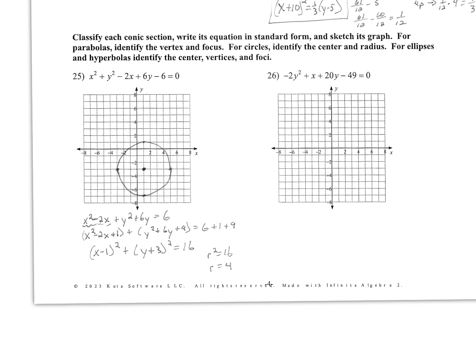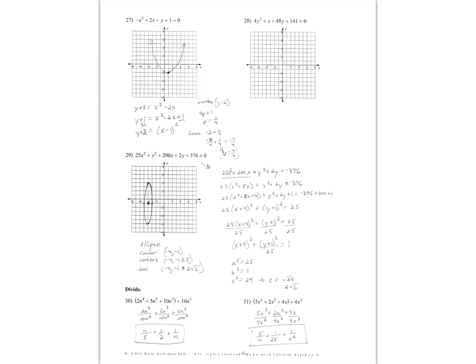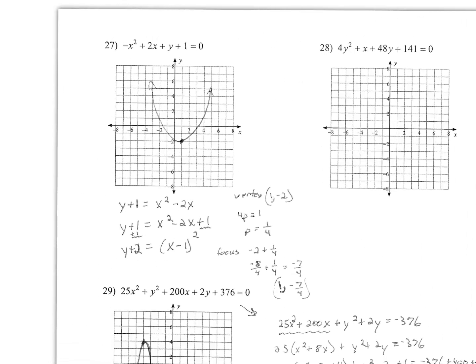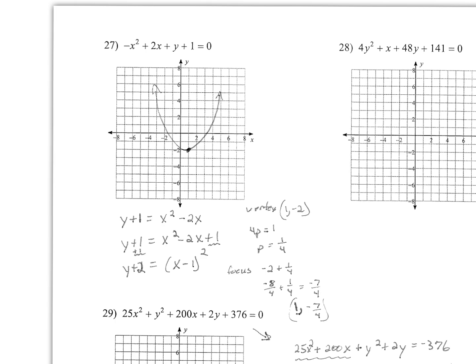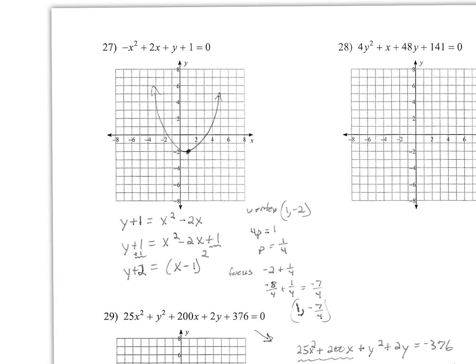All right, now let's take a look at number 27. So number 27, we have a negative x squared plus 2x, and then we just have plus y plus 1 equals 0. So you can see the y is not squared and the x is, so that's where we're going to end up with a parabola.